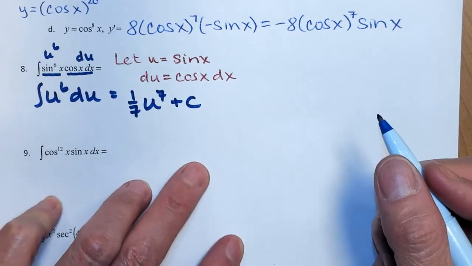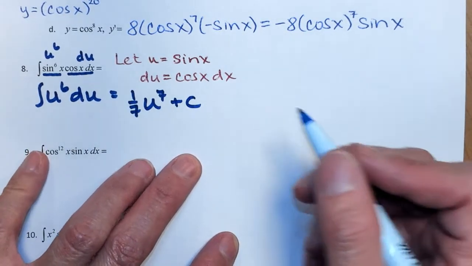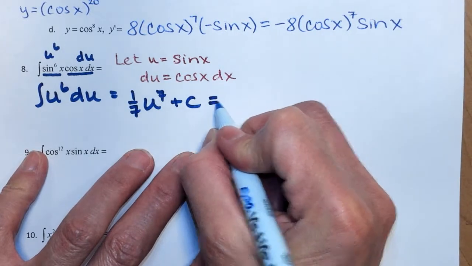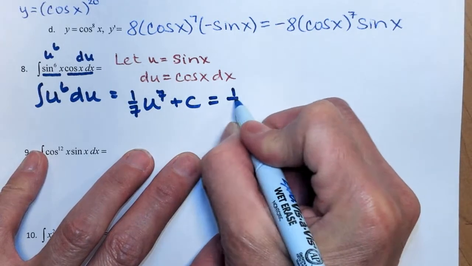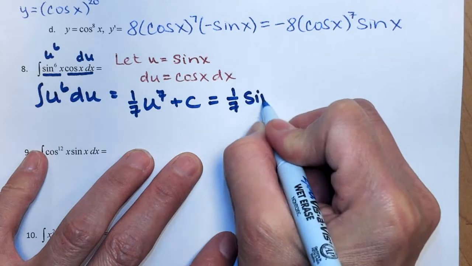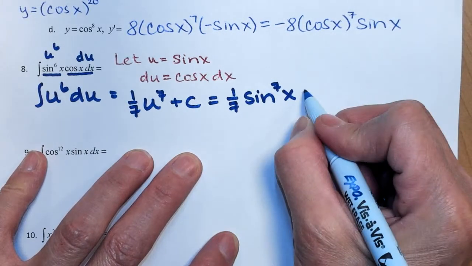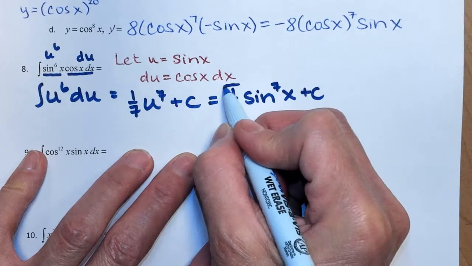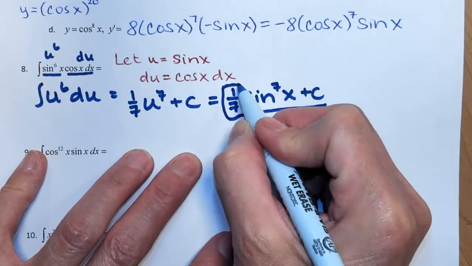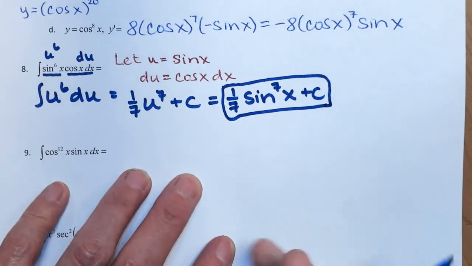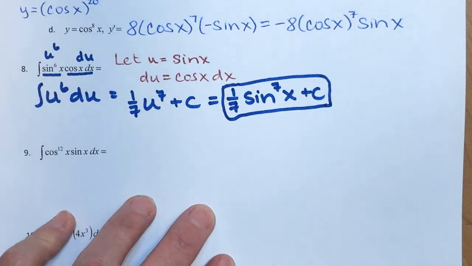Well, what's my last step when I do a u-substitution? I have to get rid of the u and go back to the original variable. So this is 1/7 sine x to the 7th plus c. People always ask me, where did the cosine x go?